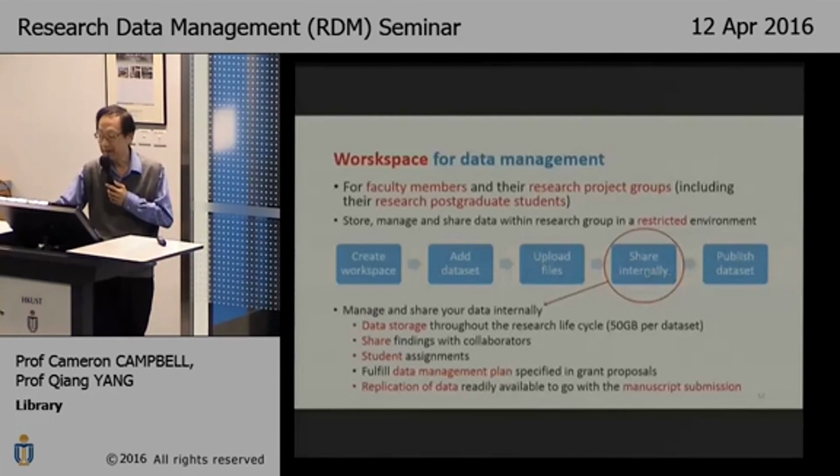So what it means for sharing internally, you will have a data storage that you can use for your whole research life cycle, and you can share this data with your collaborators right away internally under your permission. And if you are faculty, you can actually make the data set there as a class assignment or class project, and so on.